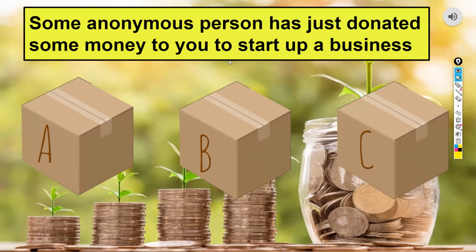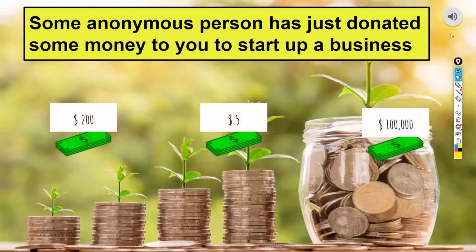Some of you all are going to be disappointed. All right. Some of you all are starting off with $200. Some of you all are starting off with $5, and some of you all are starting off with 100,000. Don't worry. Good things can happen while we play this game.